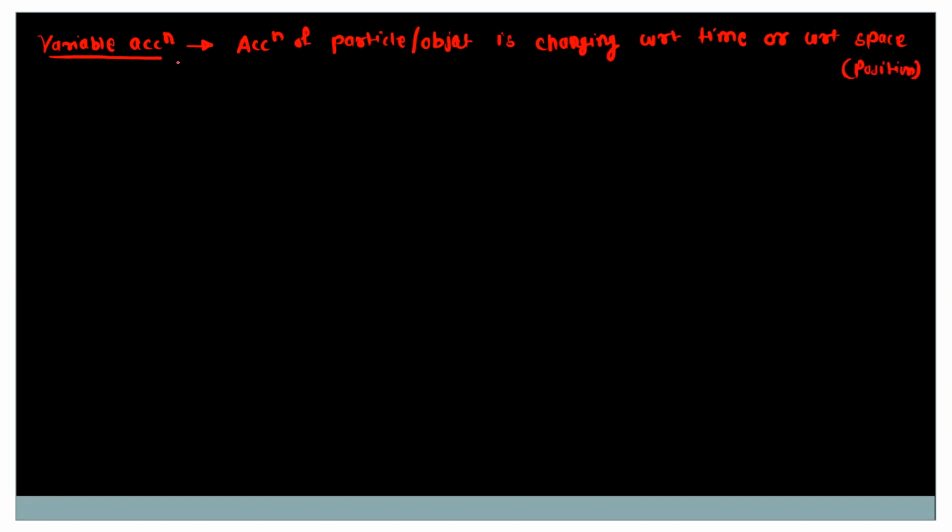So this type of motion is called as a variable acceleration motion. So the variable acceleration is represented as a function of t, or a function of the position x.